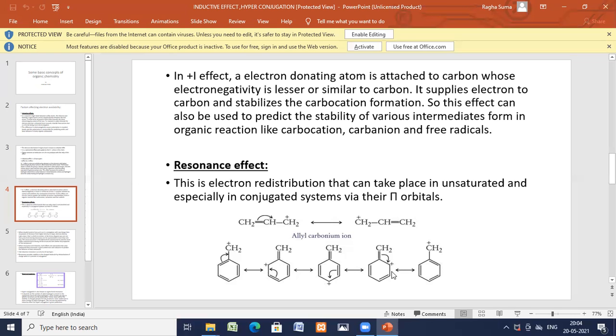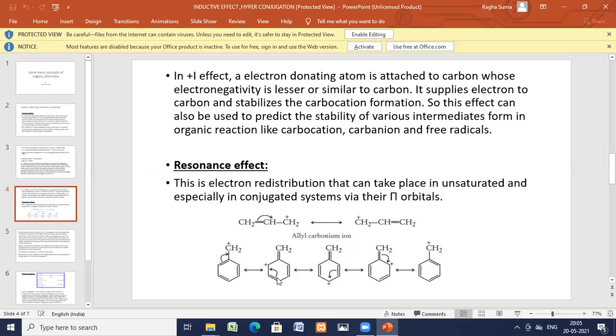The energy difference between the most stable canonical form and the resonance hybrid is known as resonance energy.